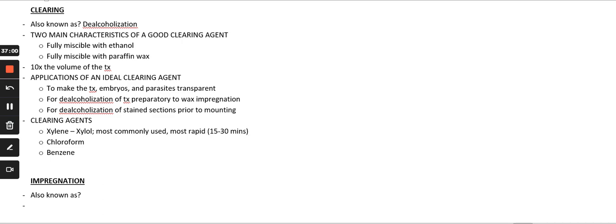Okay? Now, one characteristic of your xylene is that it becomes milky. Okay? It becomes milky, pero mamilky ra ni siya when incomplete dehydration happens. Now, if wala na tarong ang inyuhang pag-dehydrate sa imong tissue, mamilky ang imuhang xylene. Okay? Now, how do you know if you have completely, successfully dehydrated your tissue?